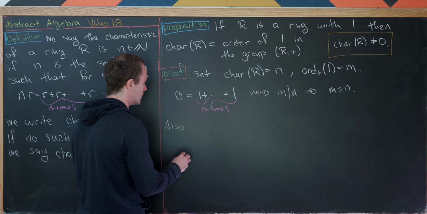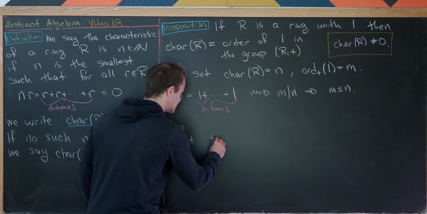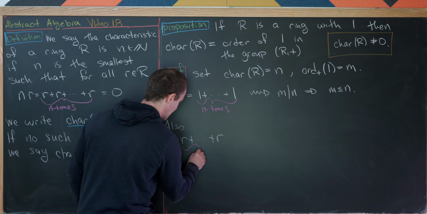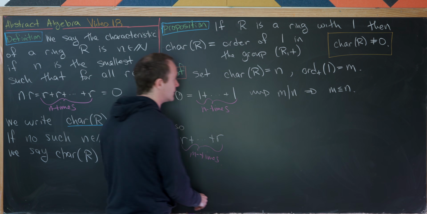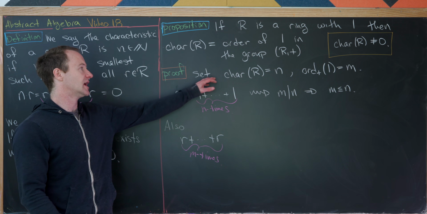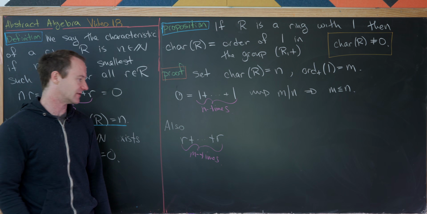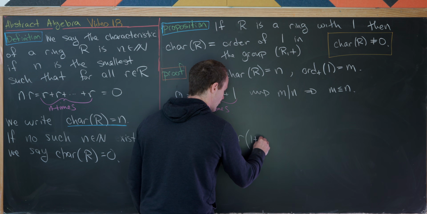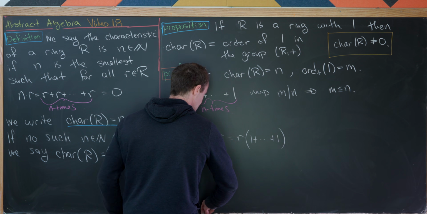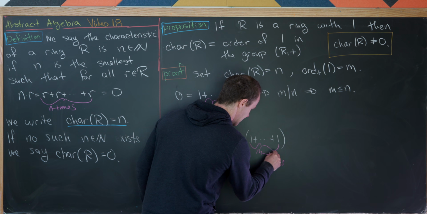So also we have r added to itself m times. So here that's m times. So a priori, we do not know that that is equal to 0 because that at the moment has nothing to do with the characteristic. It only has to do with the additive order of 1. But we can factor r out and we'll have 1 added to itself m times. So here we have m times.